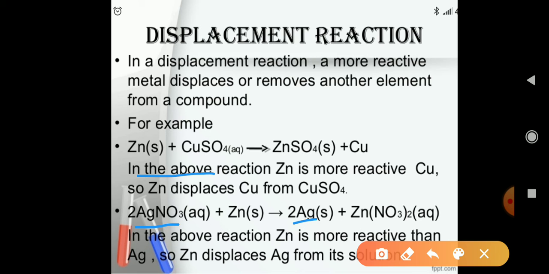So here zinc displaces silver, because zinc is more reactive than silver. So this is also possible. So these are two examples of displacement reaction.